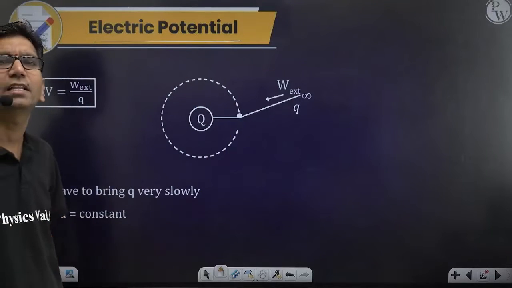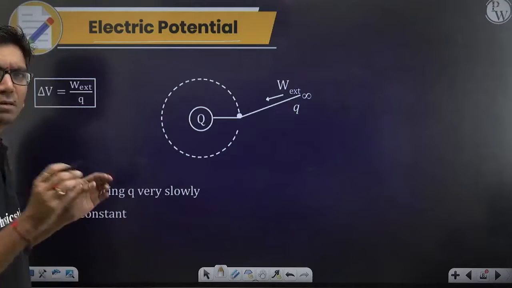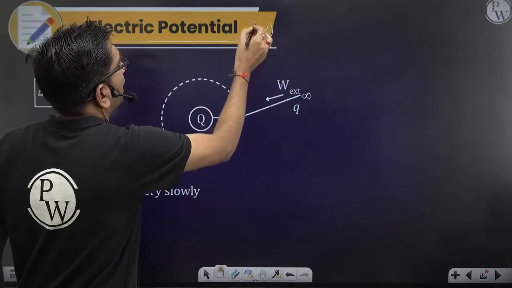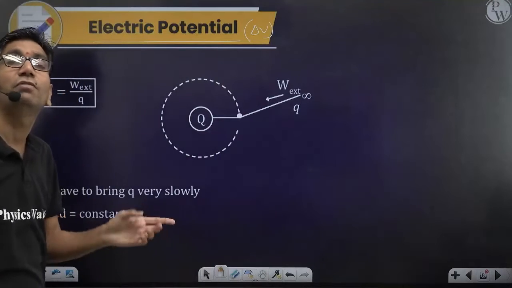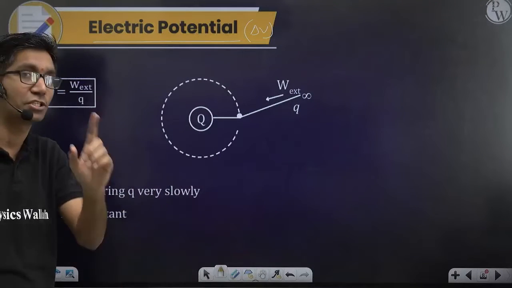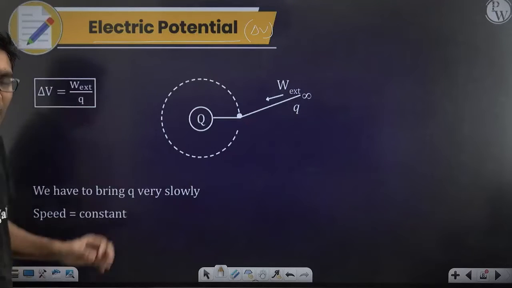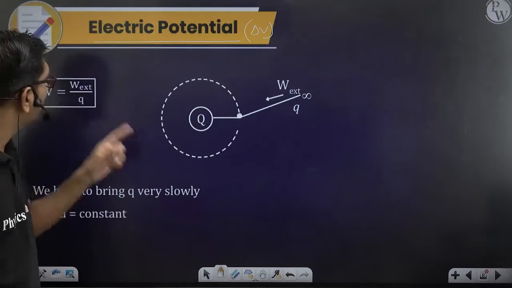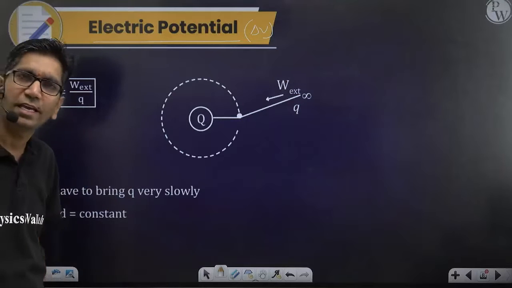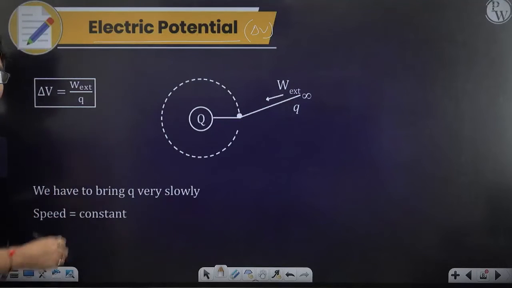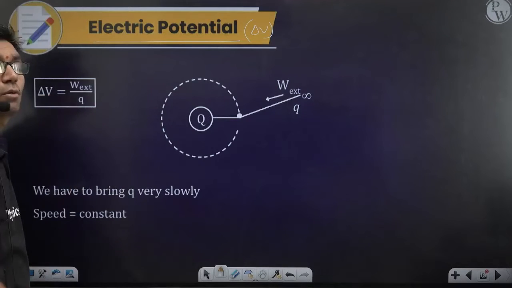Generally the electric potential is denoted by the symbol V. Actually we have a formula for change in potential. Remember this one. The work done in bringing a charge from infinity to a point in the field is called electric potential.